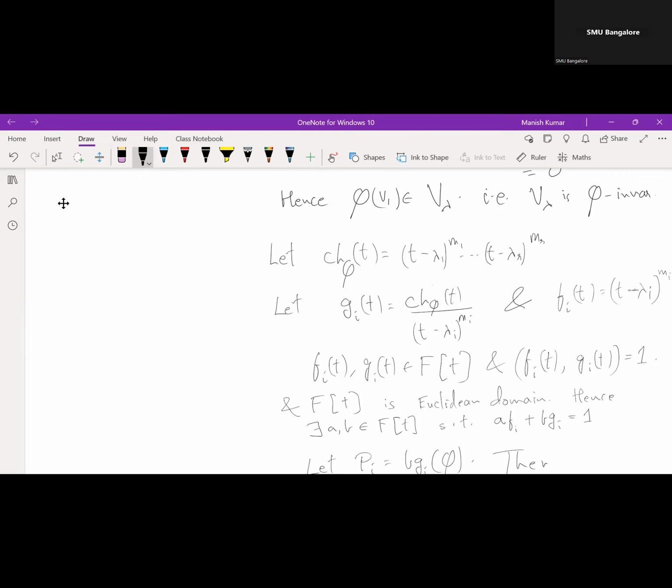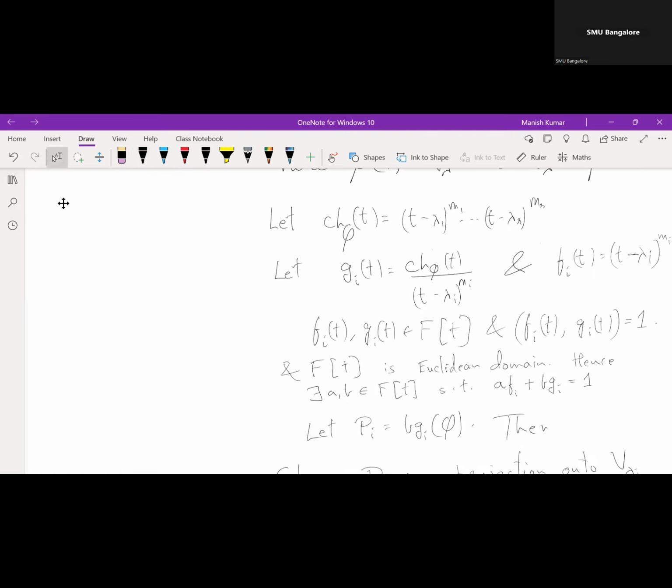You keep on doing the division algorithm, and eventually you'll get 1, because if you get something bigger than 1, that will be a common factor for both P and Q. So you apply the same algorithm.